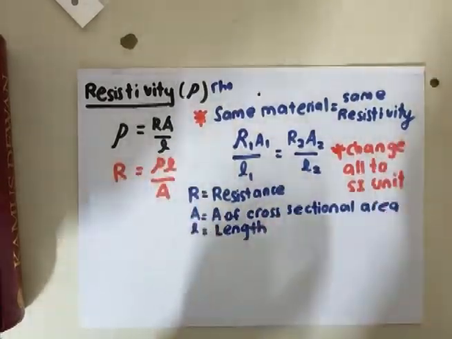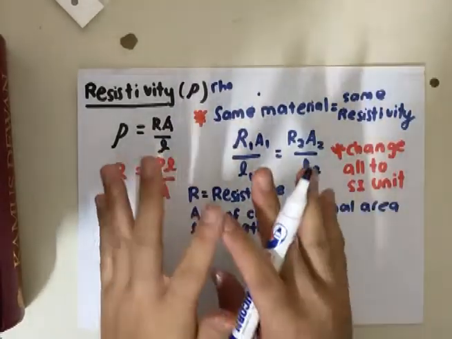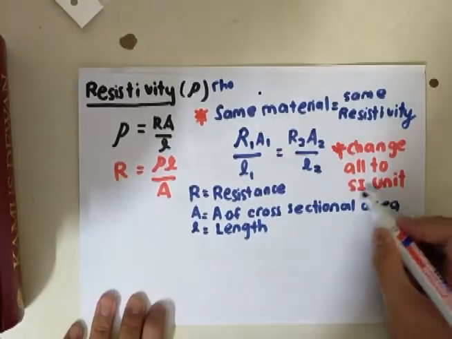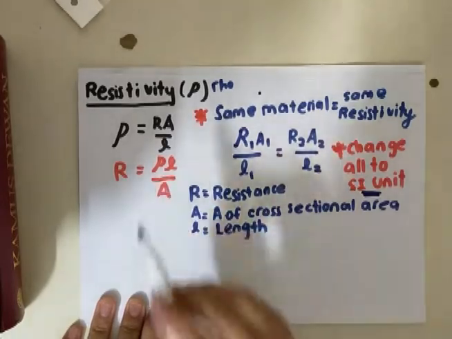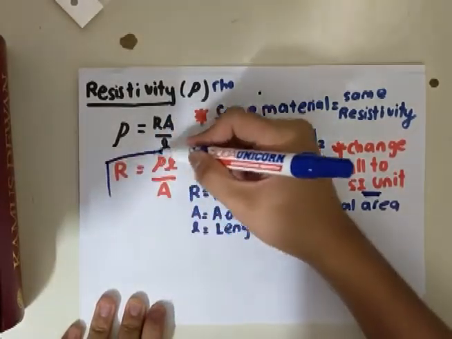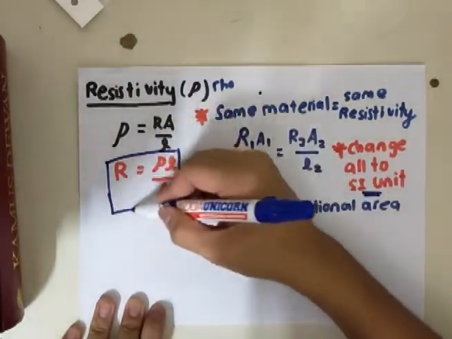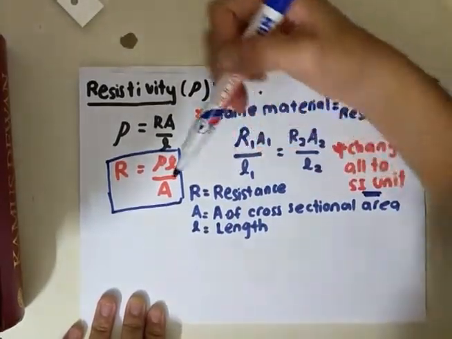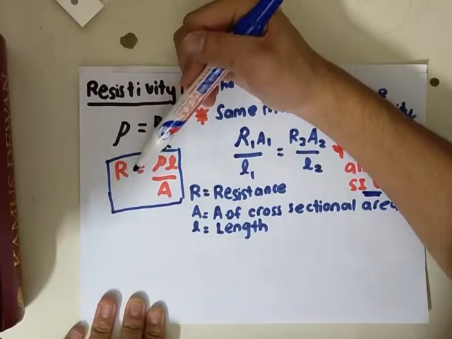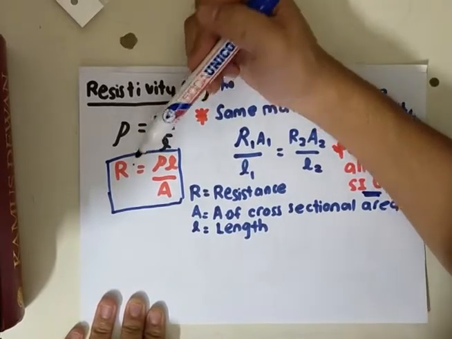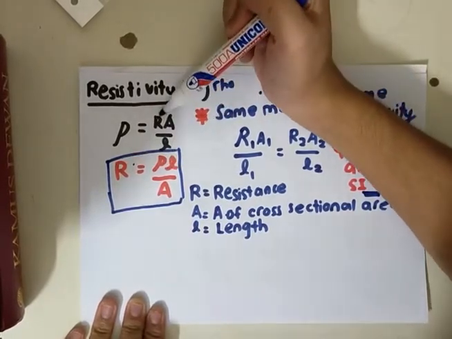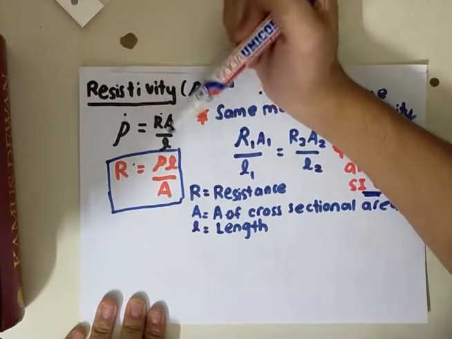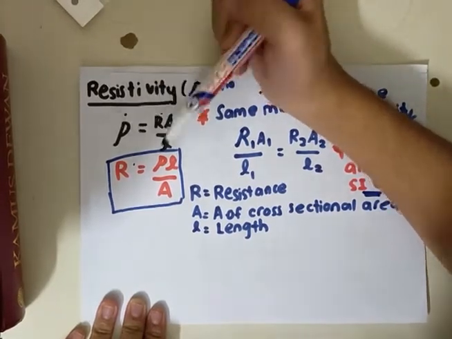But please remember, whenever you use all these formulas in physics, remember to change everything to SI units. One more thing, this formula will not be given to you in the exam, so please memorize it: R equals rho L over A. If you memorize R, then you can just shift things around to get your resistivity, rho. But if you want to memorize it in this form, you can still change it yourself.